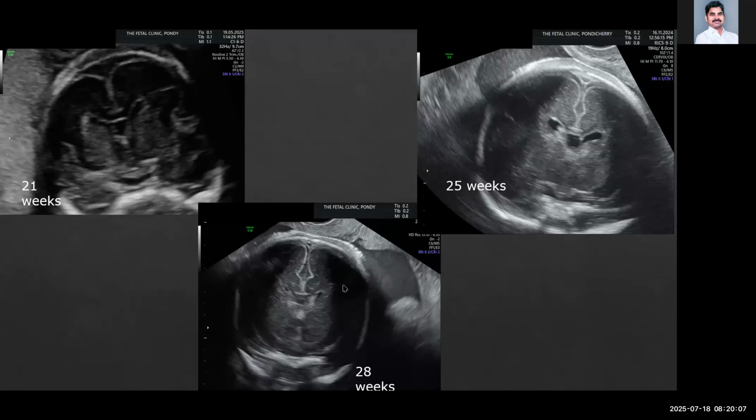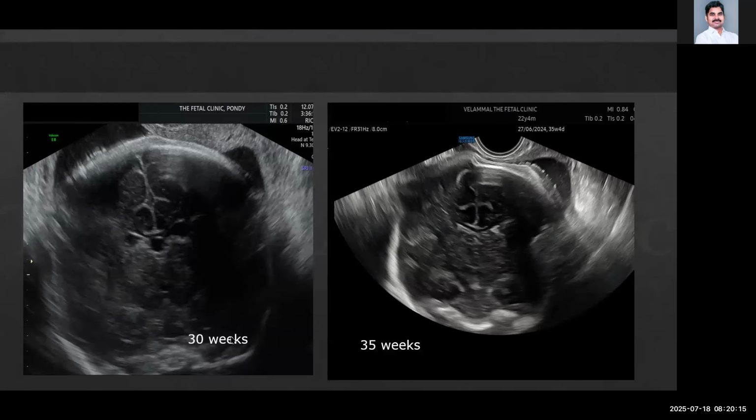At 28 weeks, the indentation has deepened and it forms a broad V-shaped configuration. So at 30 weeks, the broad V-shaped configuration is appearing as a narrow V-shaped configuration. At 35 weeks, the arms of the V are opposed to each other and I-shaped configuration is seen.